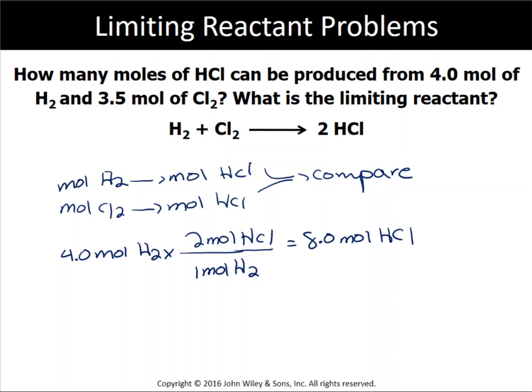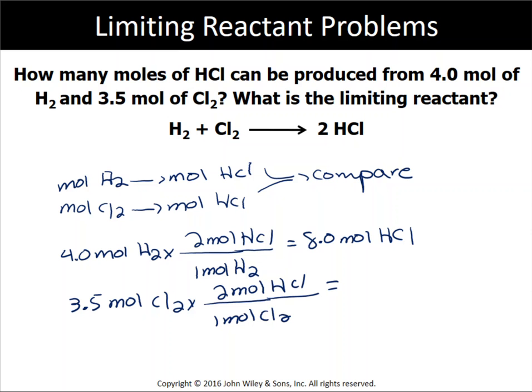So what this means is that if I use 4 moles of hydrogen gas completely, the maximum amount of hydrochloric acid I would expect to get is 8 moles. Now, if we use 3.5 moles of Cl2 completely, we would expect to get 7 moles of hydrochloric acid.